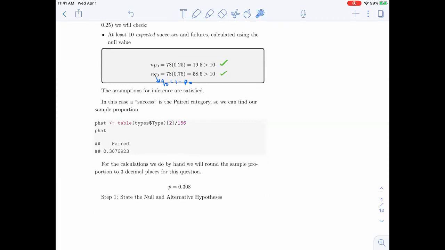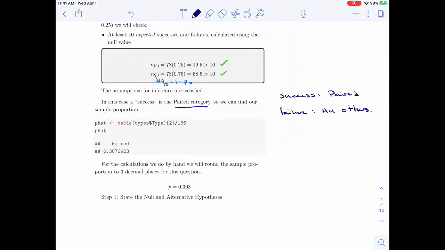Okay. Here, we had 4 categories, right? But what we're doing is we're breaking this up into a success, which is if they chose the paired test, and a failure is all others, right?